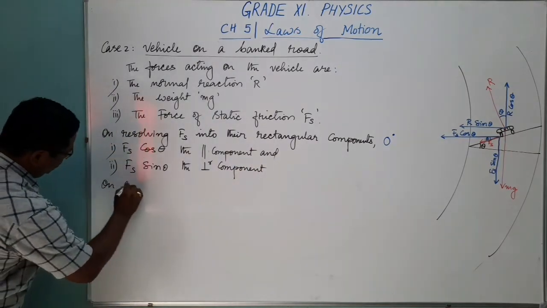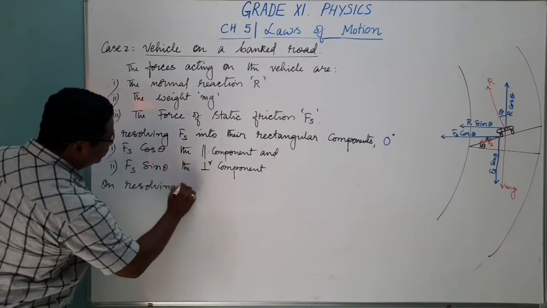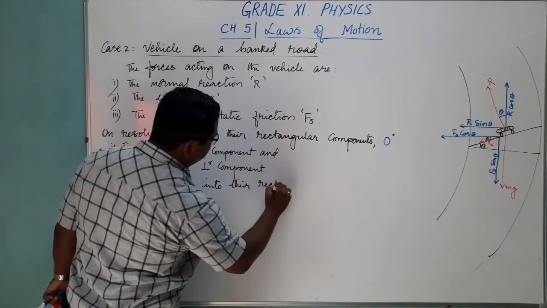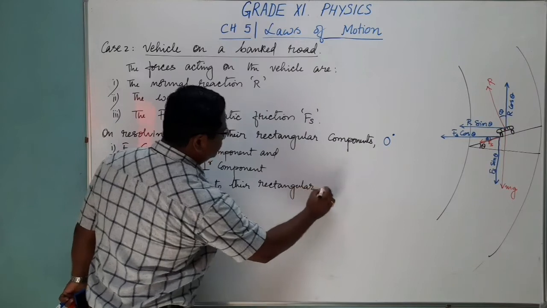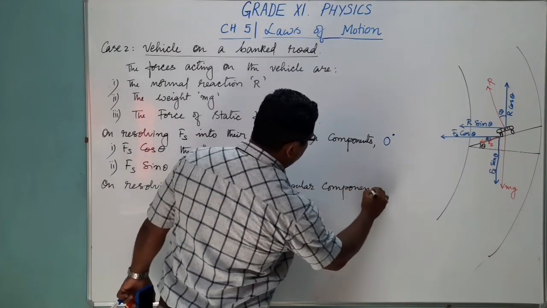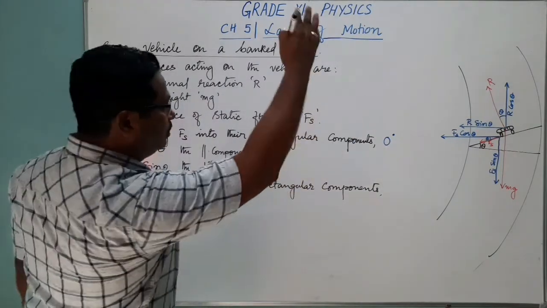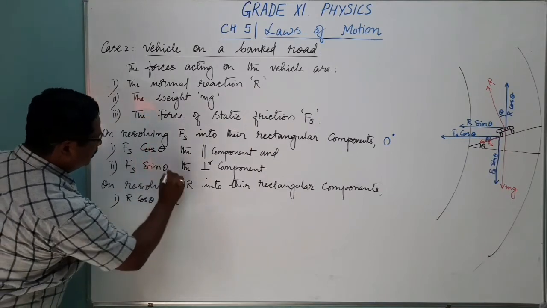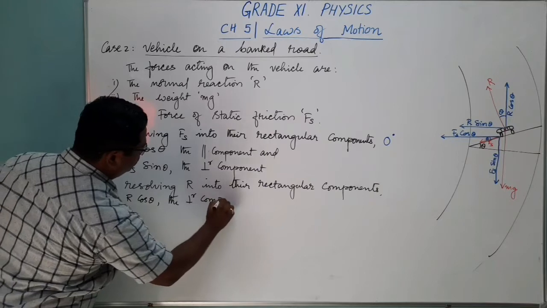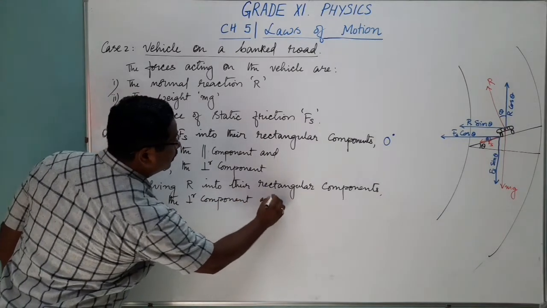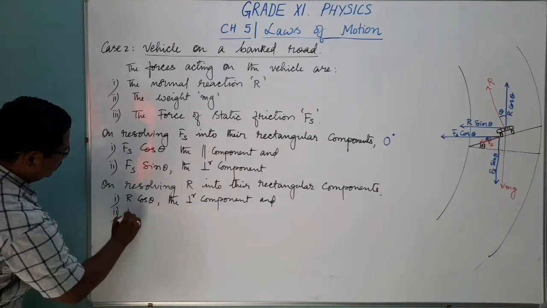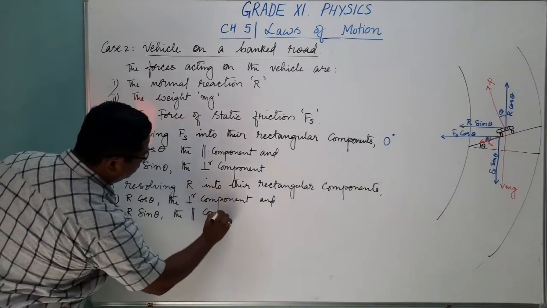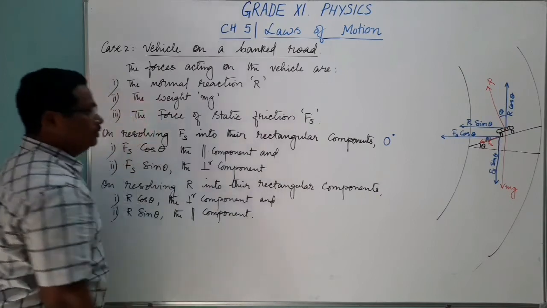Likewise, on resolving R into its components, one will be R cos theta, the perpendicular component, and the other one is R sin theta, the parallel component. Like this you have to resolve it first.